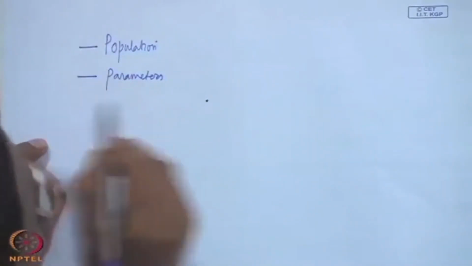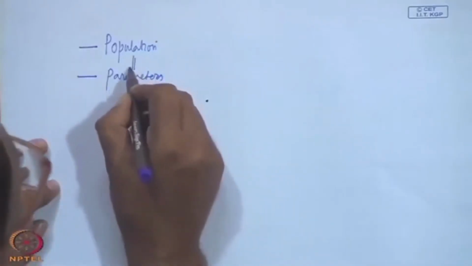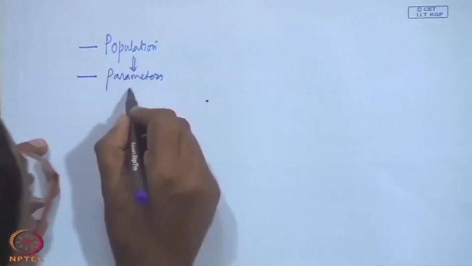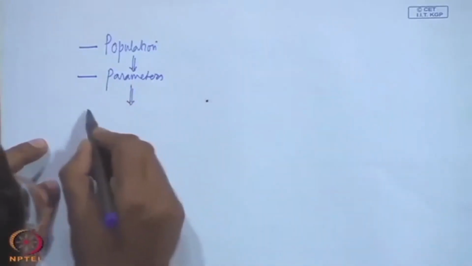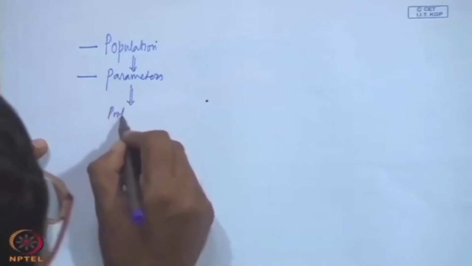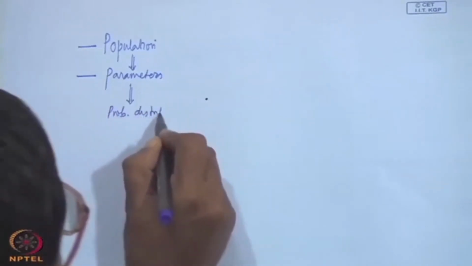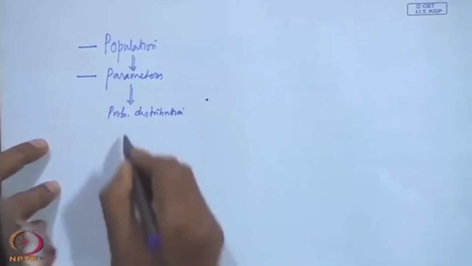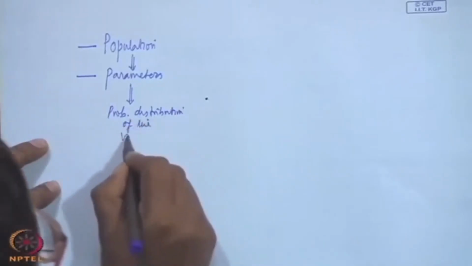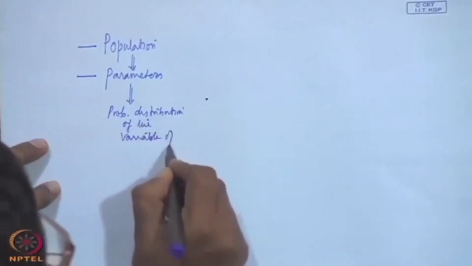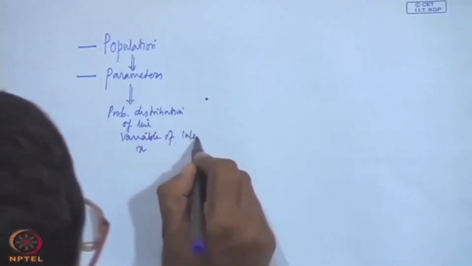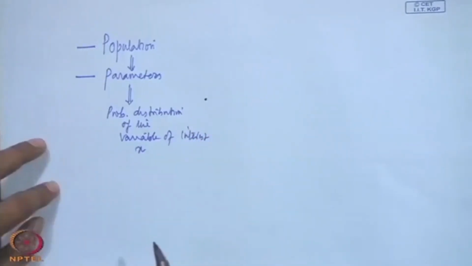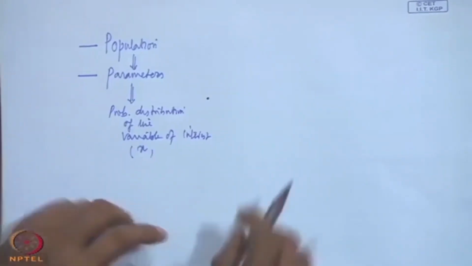When we talk about population, we definitely talk about parameters, and particularly for this subject the probability distribution of the variable of interest, that is x. Now, you are planning to collect data.